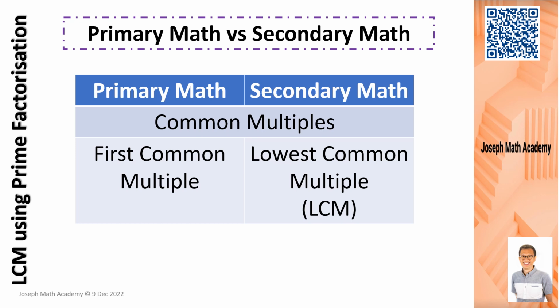But in secondary school math, the word first is replaced by the word lowest. That's why the acronym LCM arrives. So in primary school, we call this first common multiple, which is number 36 in our example. And in secondary school, we call it lowest common multiple. So the LCM is 36.